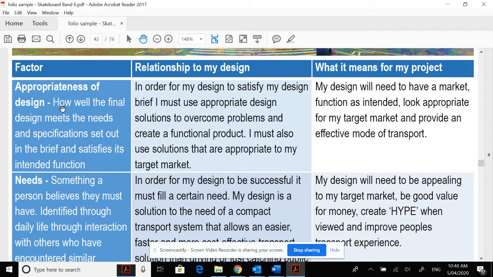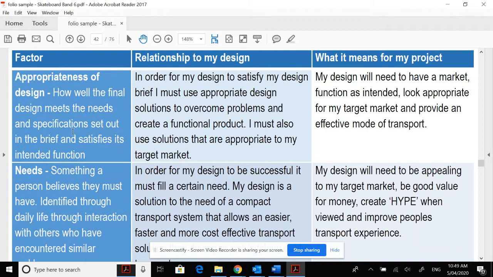And excuse me. Like I said before, the appropriateness of the design is going to be really important. I would consider that to be the most important factor. This particular student's broken it down a little bit more, and probably these kind of go together. There has to be a need. If you're a real designer, you're not going to be designing something if there's not a need for it.